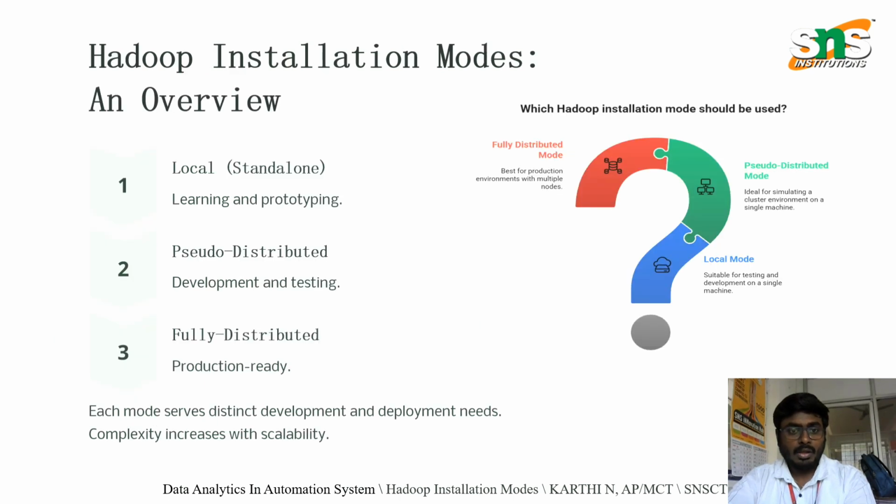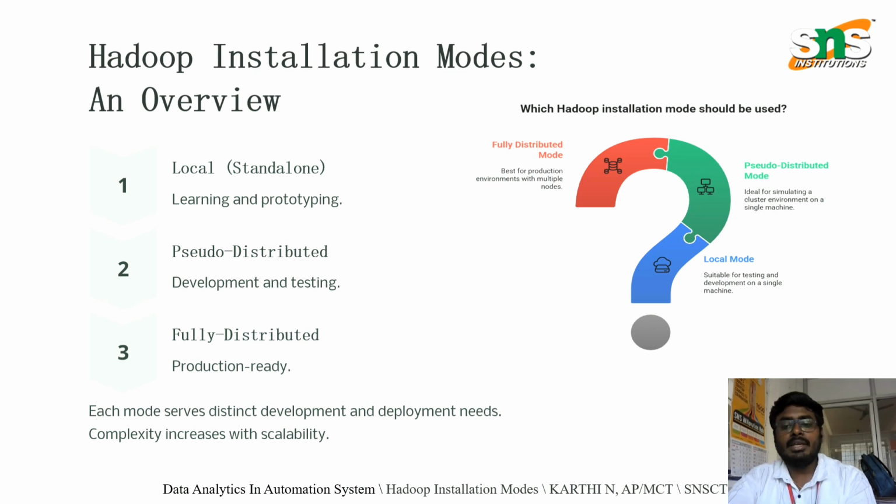So, Hadoop installation modes. There are three: local mode, pseudo distributed mode, and fully distributed mode. The pseudo distributed mode is ideal for simulating a cluster environment on a single machine. Local mode is suitable for testing and developing on a single machine.